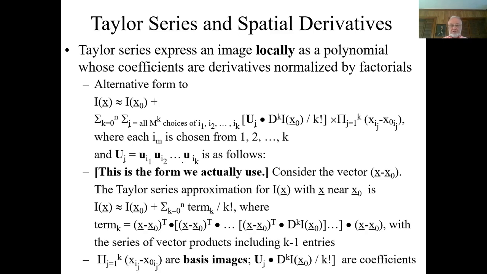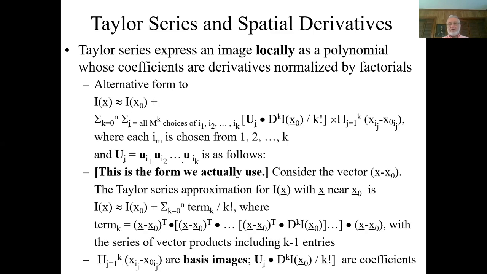And its coefficients are the entries of the derivative tensors divided by k factorial. The coefficient of the particular basis image, with a particular choice of the i sub j's, is that derivative value over k factorial.